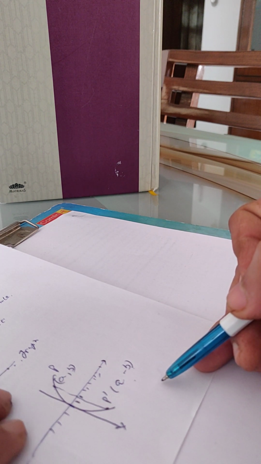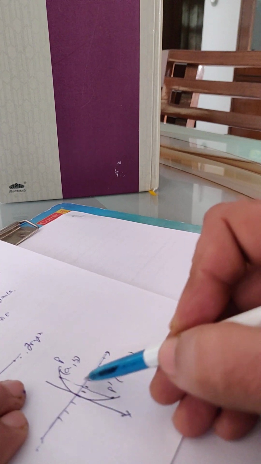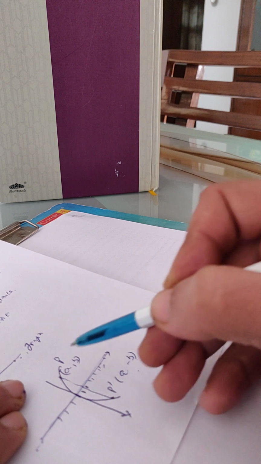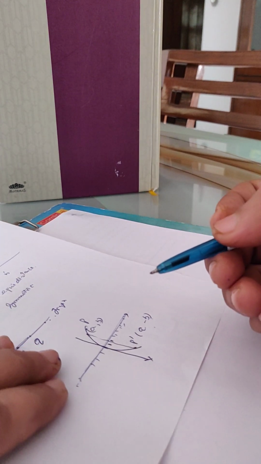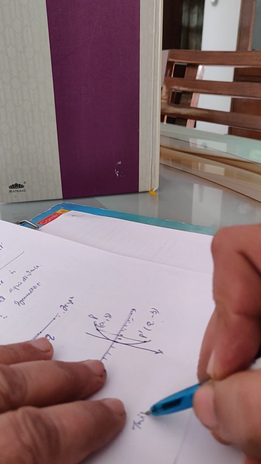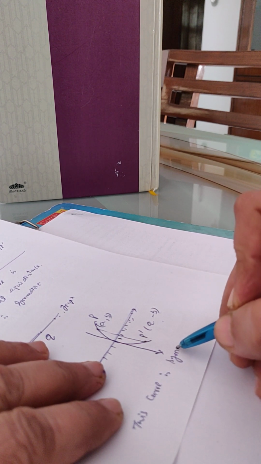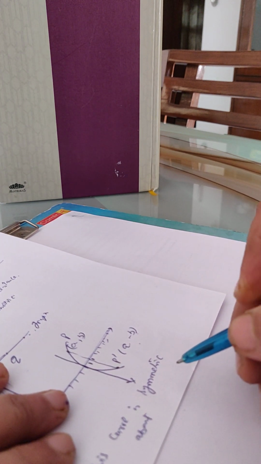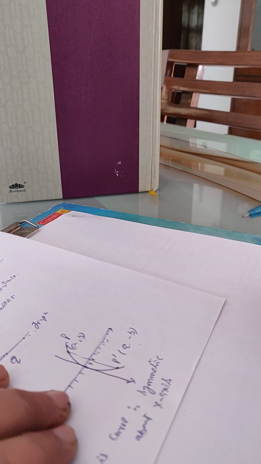If this happens, then we say this mirror is symmetric about the curve. But this curve is symmetric about x-axis.